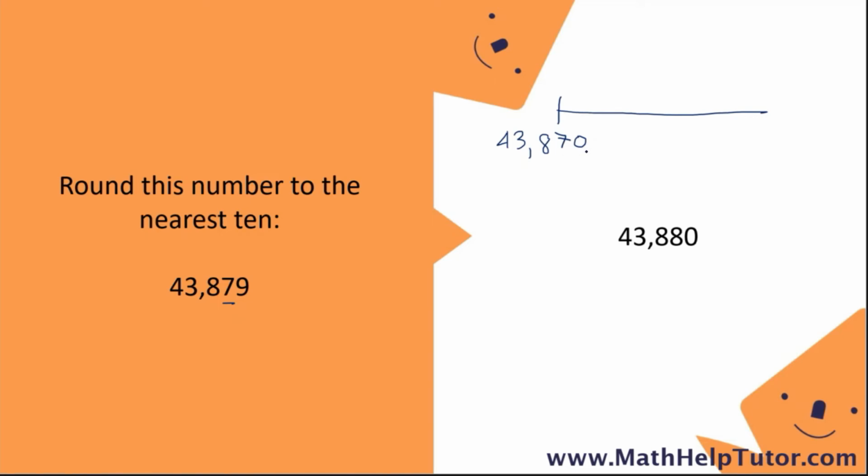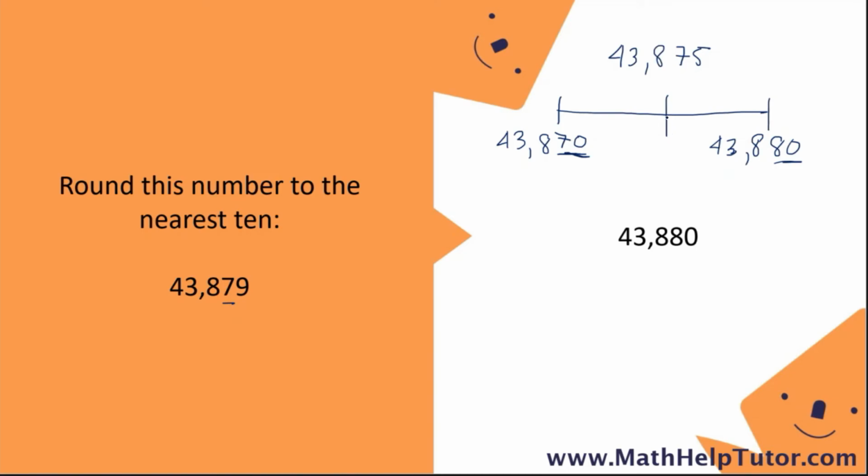And what comes after 43,870? Okay, so the next tens place after has to have 80. And we just copy the rest of the places. So the next tens is 43,880. And what's the value between 70 and 80? Should be 75. And then we include the other places to the left. That's 43,875.